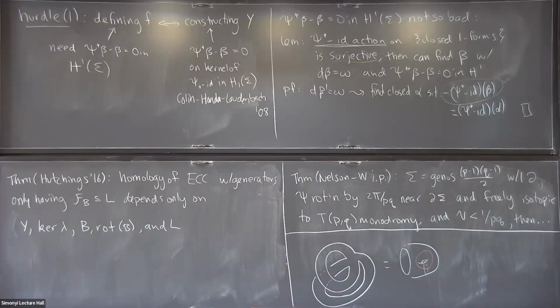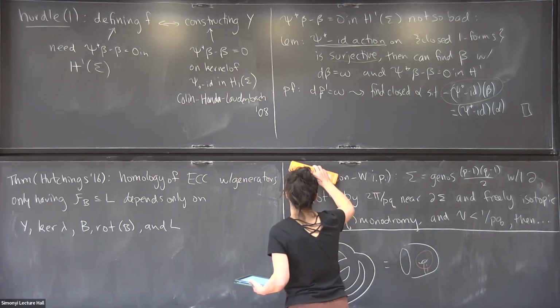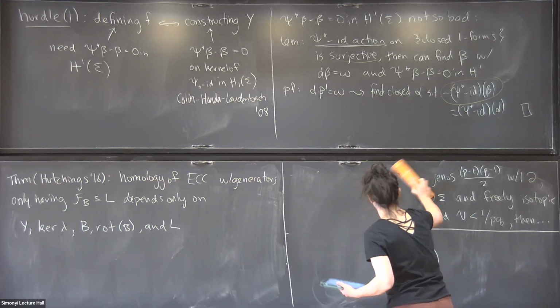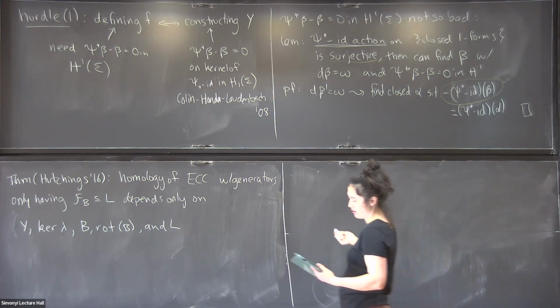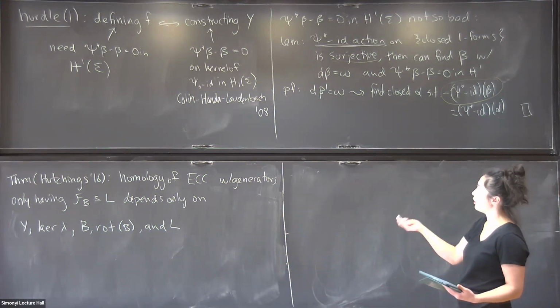So the idea is we can figure out what this chain complex is for all pairs P and Q.